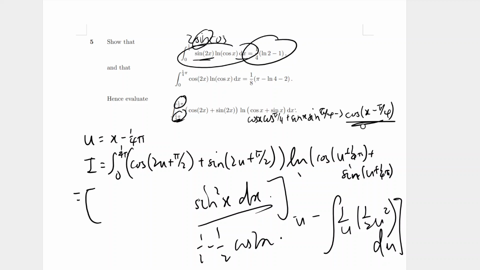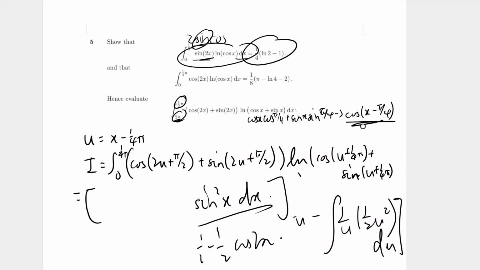And the same here. The remaining bit is plus root 2 over 2 sine u plus root 2 over 2 cos u. And the beautiful thing is, that cancels. Then you close the bracket, and you obviously have to close the integral as well.